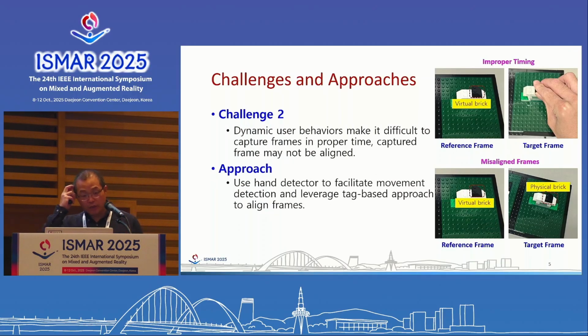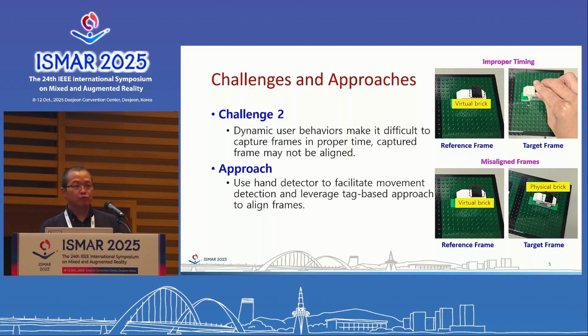The second challenge lies in the dynamic behaviors of MR users, making it difficult to capture the frame at the proper time. For example here, once the user puts the physical piece on top of the virtual piece, we need to capture the frame.